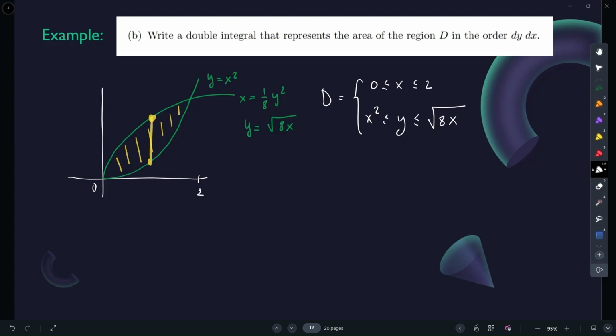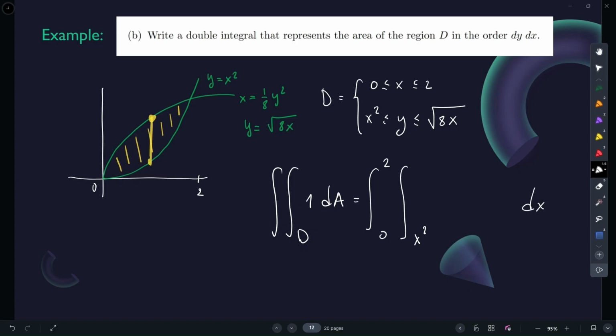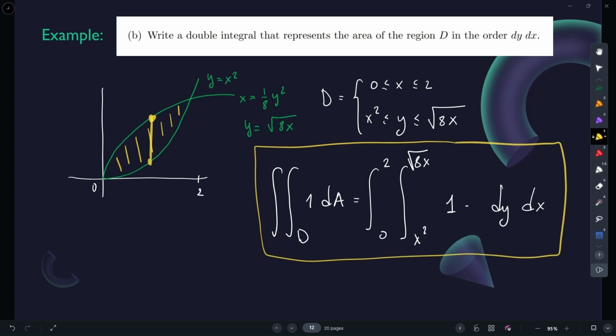So the integral that we're looking for, the area of the region D in Cartesian coordinates, will be the integral from 0 to 2 in dx, and the integral from x squared to the square root of 8x dy, and just the integral of 1 because we're integrating area. So this is the integral we are going to have to solve.